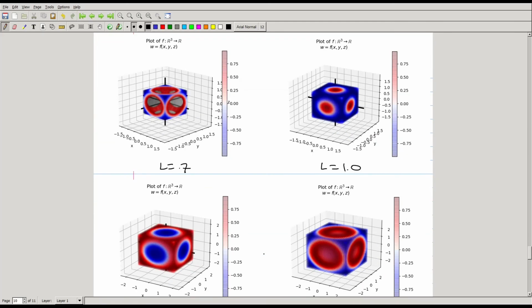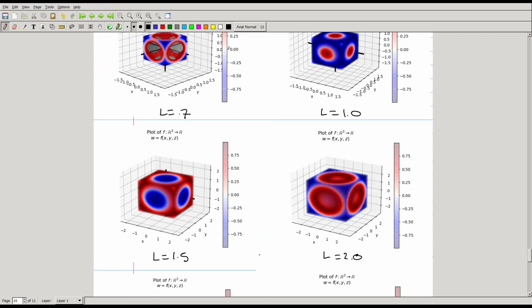If we increase to L equals 1.5 and 2.0, we see sure enough that's what's going on. Now we can't see the inside of the sphere anymore, but the inside of the sphere is still red at 1, and it increases or decreases until it goes out to -1, and then it starts increasing again. Same thing here, but now we're seeing that on this larger sphere, the function repeats itself again.